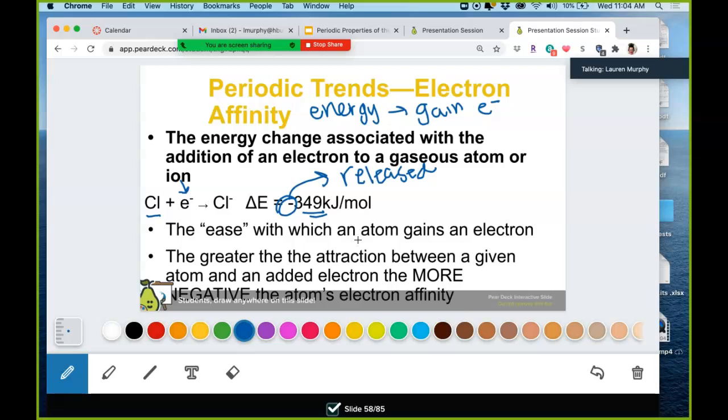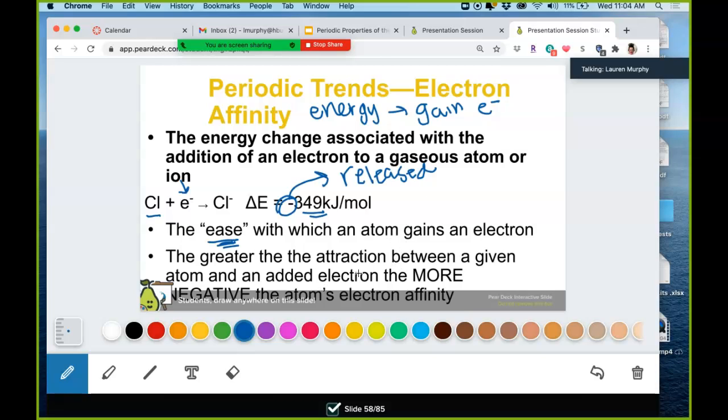The more energy that's released from an electron affinity concept means that substance, that element, must have really wanted to gain an electron. If you have low electron affinities and not a lot of energy is released, that means they don't gain electrons very easily.